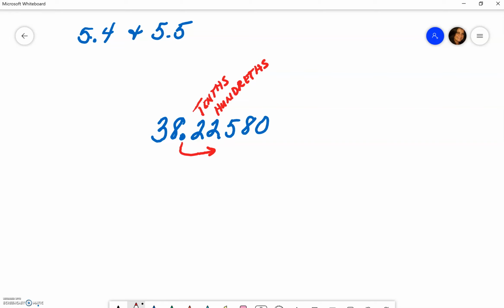Whenever we go to the right of the decimal, the word ends with the THS. So tenths, hundredths, thousandths, and so forth.